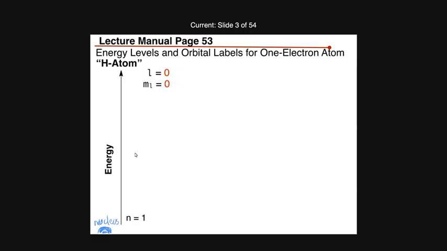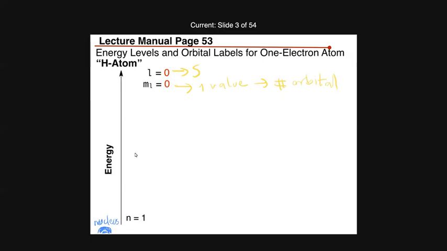So what does it mean exactly? As n equals 1, if you write an orbital labeling for this, when L equals 0, this represents an s orbital. The number of values of m sub L tells you the number of orbitals within that subshell.